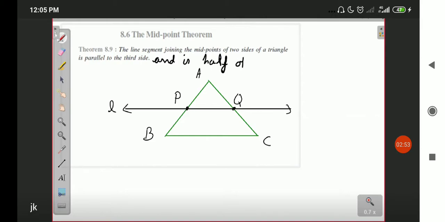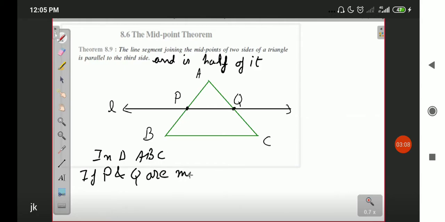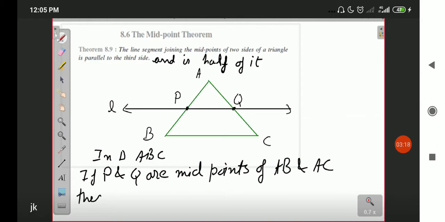So now in triangle ABC, we can write that if P and Q are midpoints of AB and AC, then what will happen?